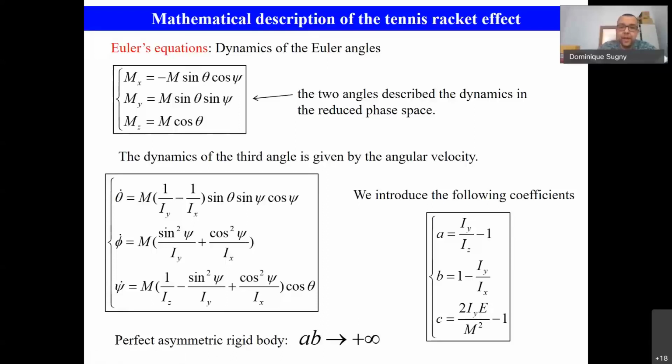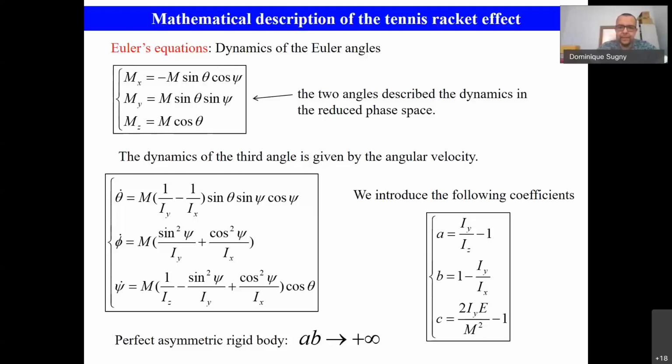Then just by computing the time derivative of mx, for instance, and my and mz, it's straightforward to get the time derivative of theta and psi. For phi, it's a bit more complicated, but we just have to come back to the connection between this angle and the angular velocity to establish this equation. But you can find this kind of equation in any standard textbook of classical mechanics.